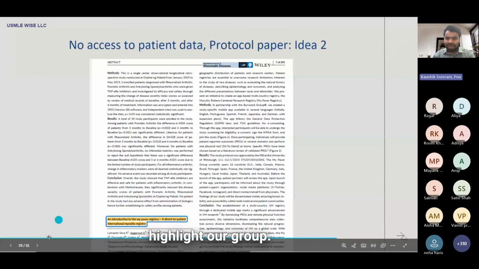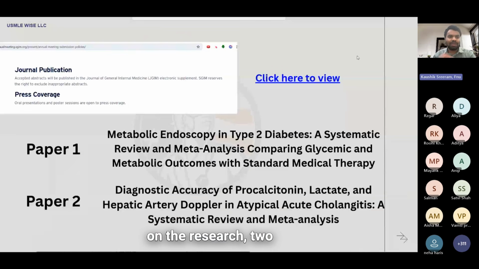Next, I do want to highlight my group is working on two research papers. Paper one is metabolic endoscopy in type 2 diabetes, a systematic review and meta-analysis. They are comparing the glycemic and metabolic outcomes against standard medical therapy.